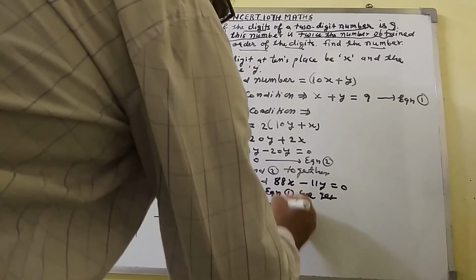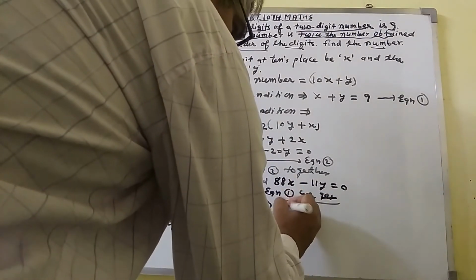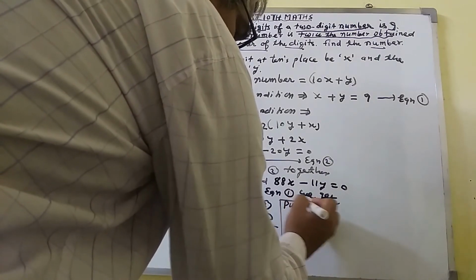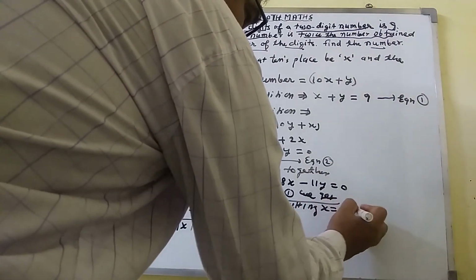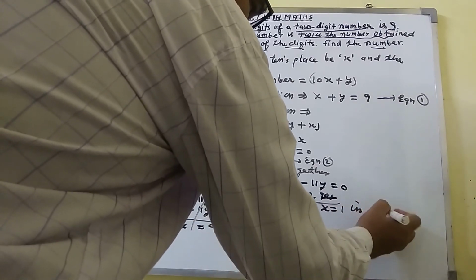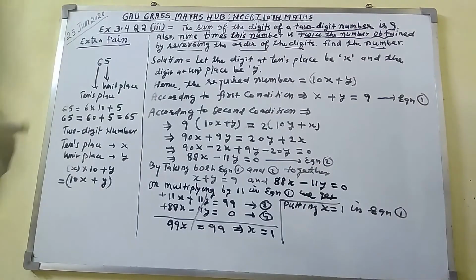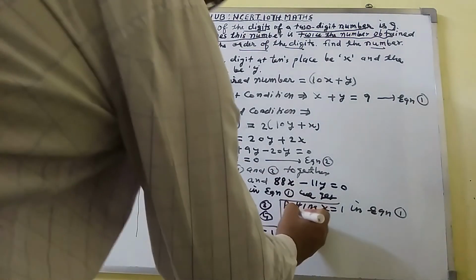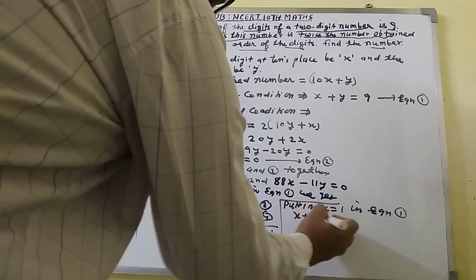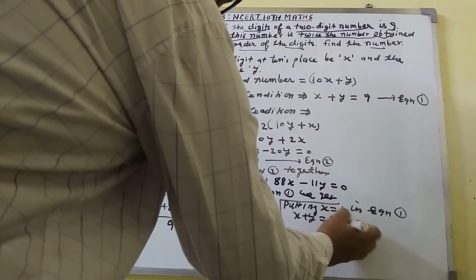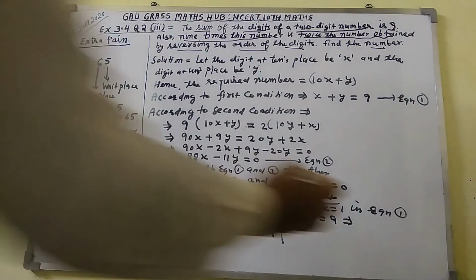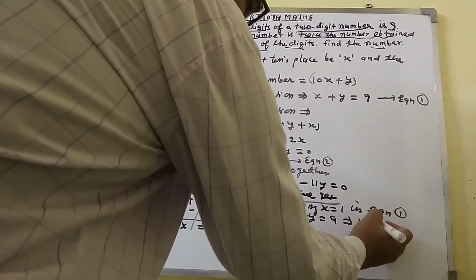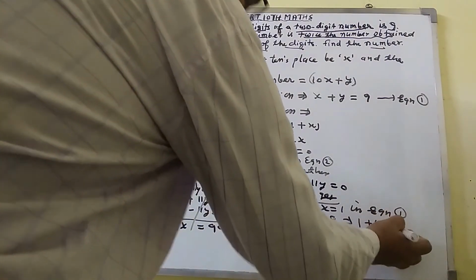Now we have got the value of x equal to 1. Now here you will write, putting x equal to 1 in equation number 1. Here equation number 1 is x plus y equal to 9. Implied that here put x equal to 1 in this equation, it will become 1 plus y equal to 9.